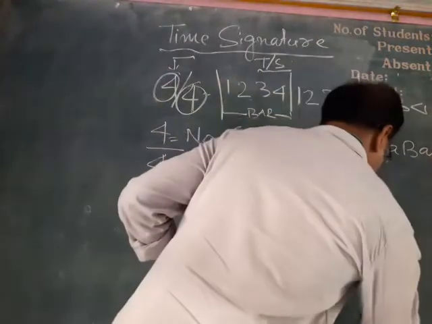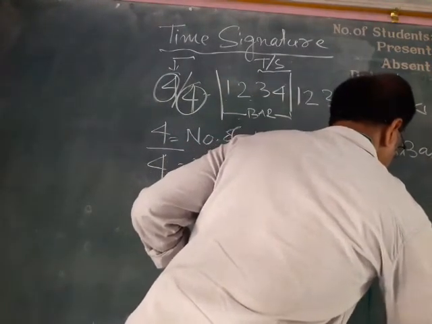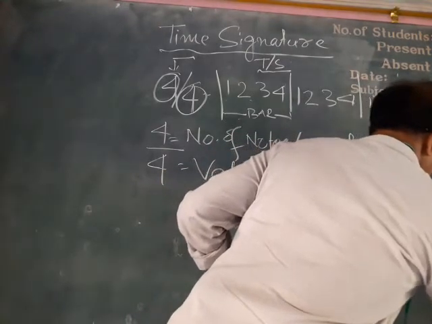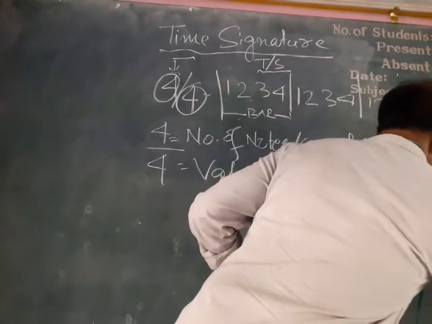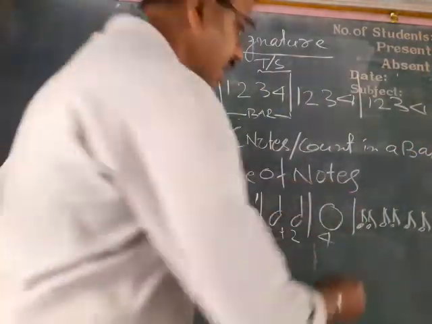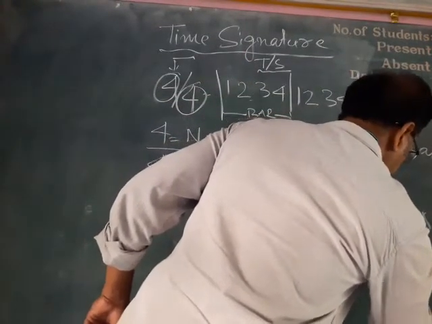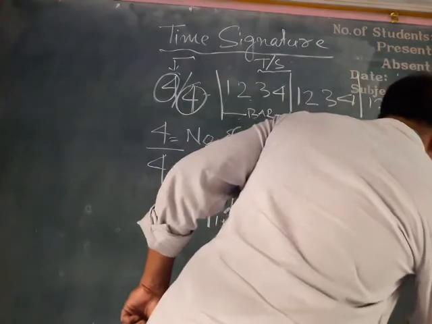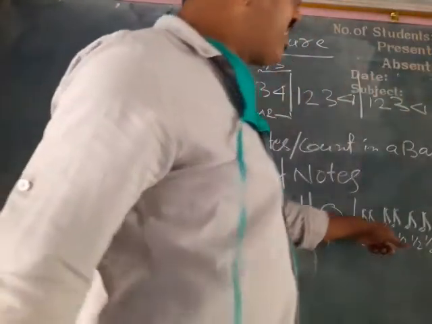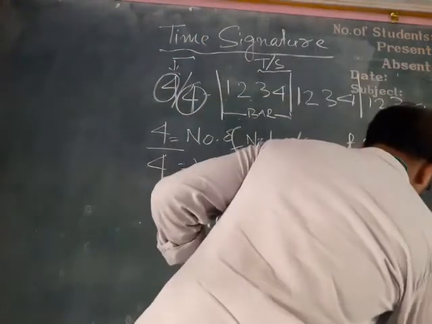And if I write like this, this is also 4/4 because there are 8 halves, and 8 halves means you have 4.